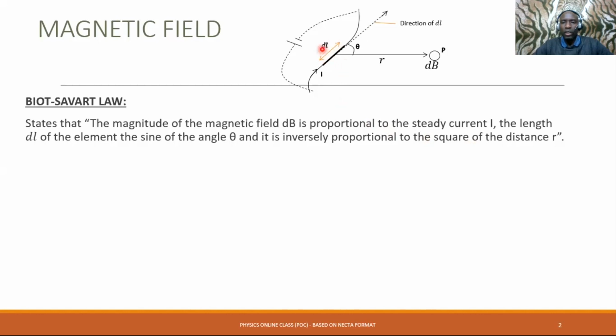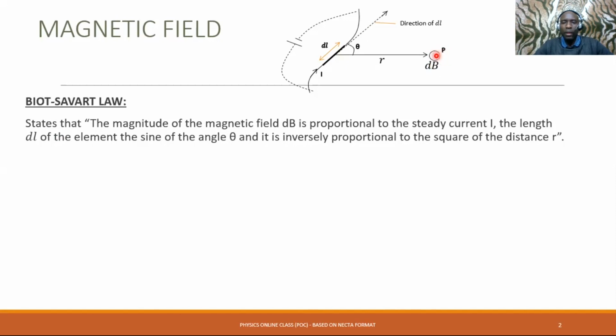If you check this diagram, our small length is dl, and theta is the angle between the small length and the line joining the small length to point P, and r is the distance from the small length to point P where we are looking for the magnetic field.